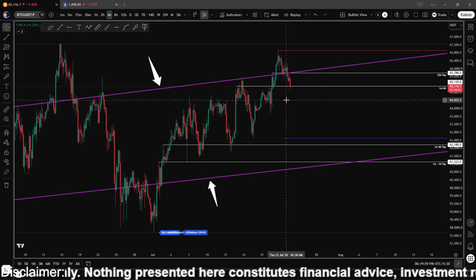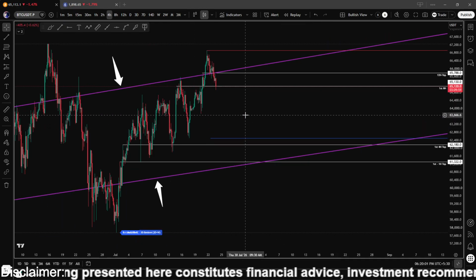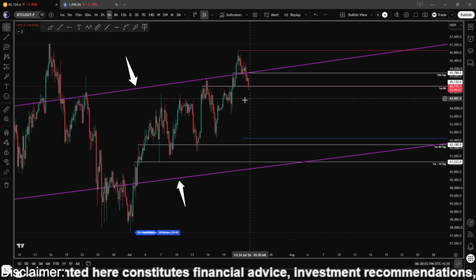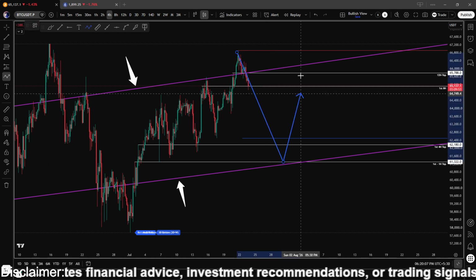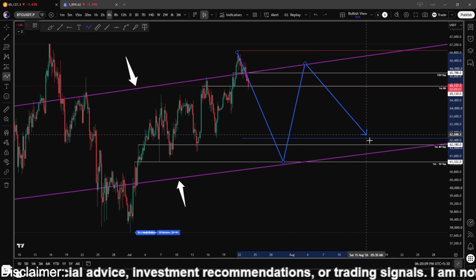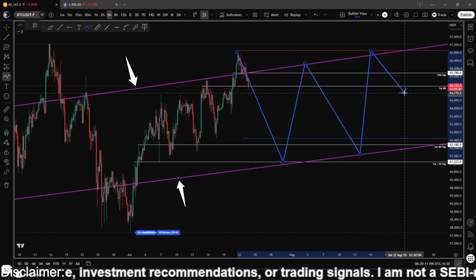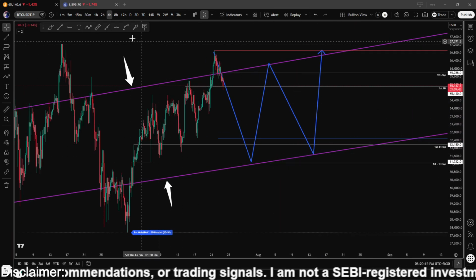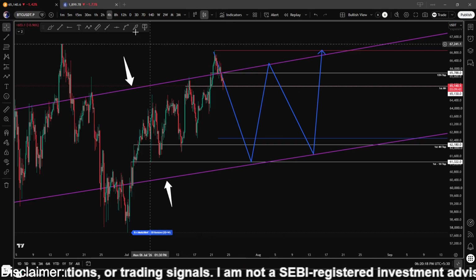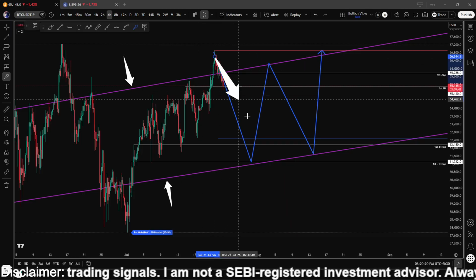Why? For the next 3 months, I think the price will consolidate within this range. This consolidation we might see, and this is the reason I also said the price may go for this level from here onwards.